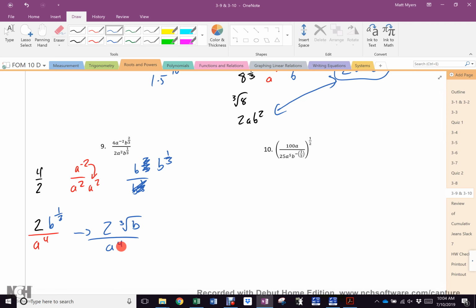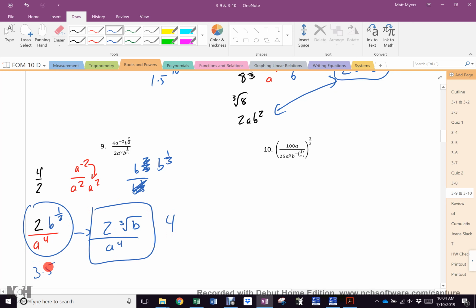Which one of those shows me the most mathematical knowledge? The multicolored one or the all blue one? The all blue one shows me the most knowledge, right? So if this question were out of 4, this gets you the 4. This, I'm so nice because it's such a hard question, would get you 3.5. Does everybody understand?